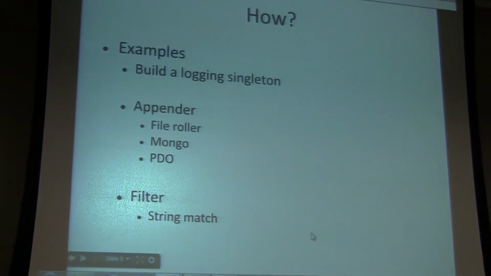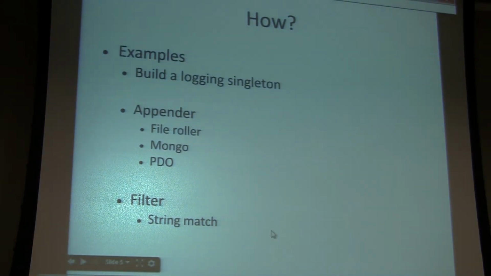So, the real nitty-gritty. Some examples. Log4php is an object you have to instantiate. Here I built a quick little class that's a singleton that you just debug and send stuff to, and then you get the appenders and all of those.